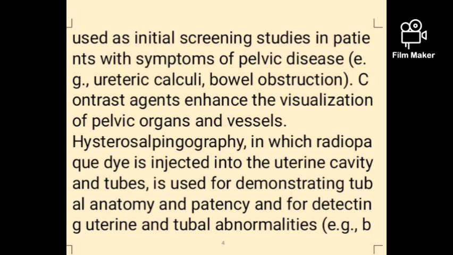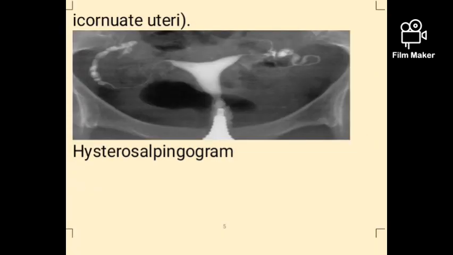Hysterosalpingography is very important in detecting uterine abnormalities as well as abnormalities of the uterine tubes. An example is bicornuate uterus. Right here is an illustration of a hysterosalpingogram. You can see the uterus demarcated there with the white color. The uterine tubes are also illustrated there.